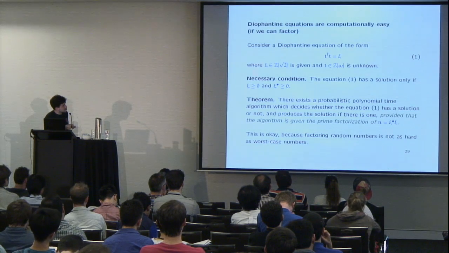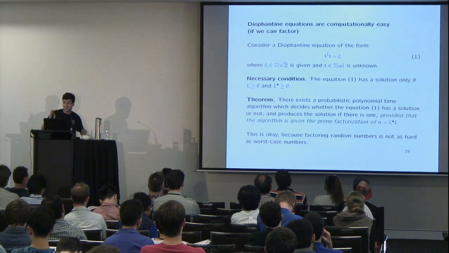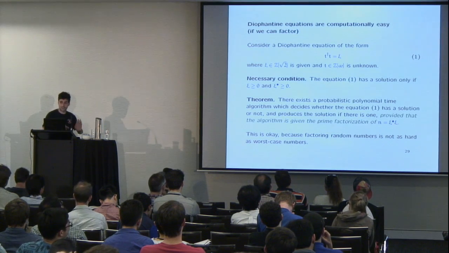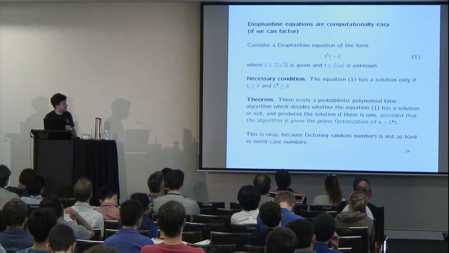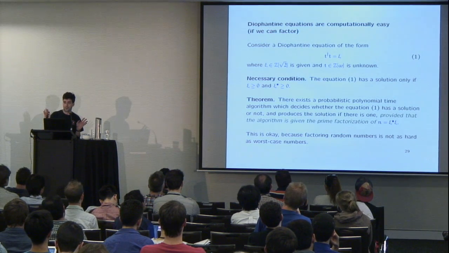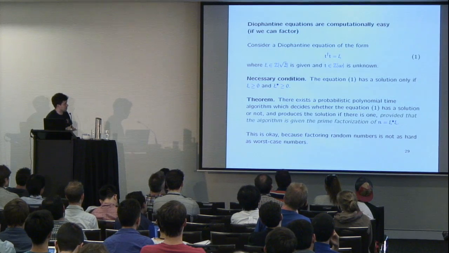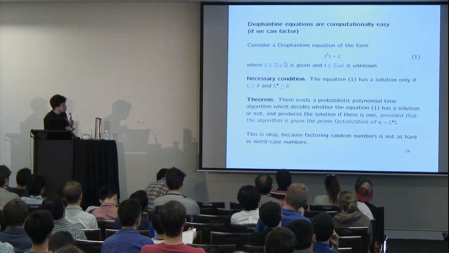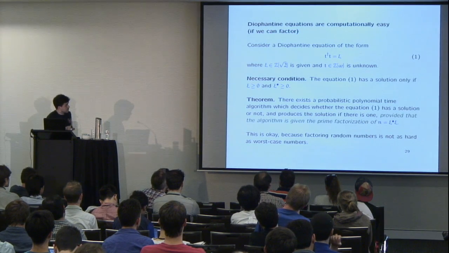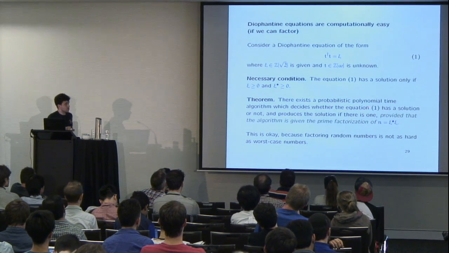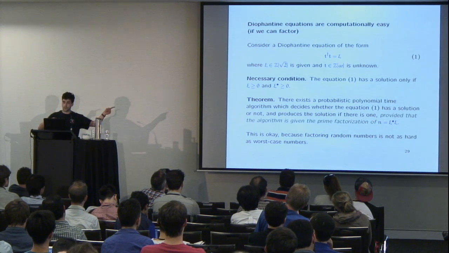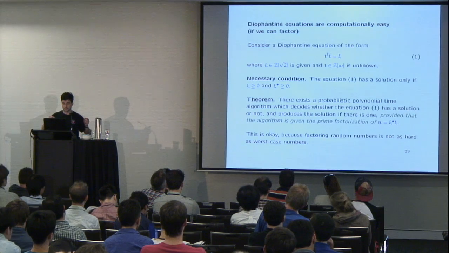But what's sort of nice about number theory in general, at least for somebody who's not really a number theorist, is that it feels like 200 years ago, Gauss already solved all of our problems. He just did so much stuff. So there's a pretty good theory of when you can do these things. And in fact, there is a probabilistic polynomial time algorithm that decides whether this equation has a solution or not.